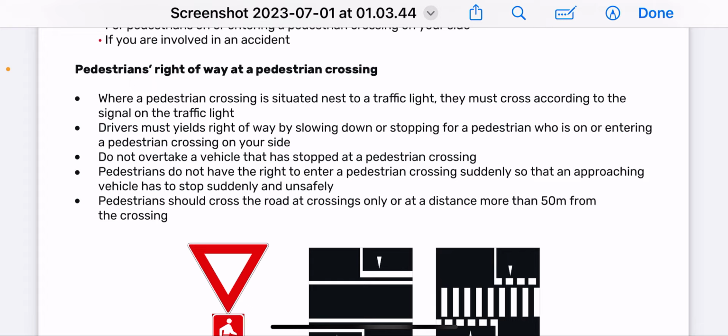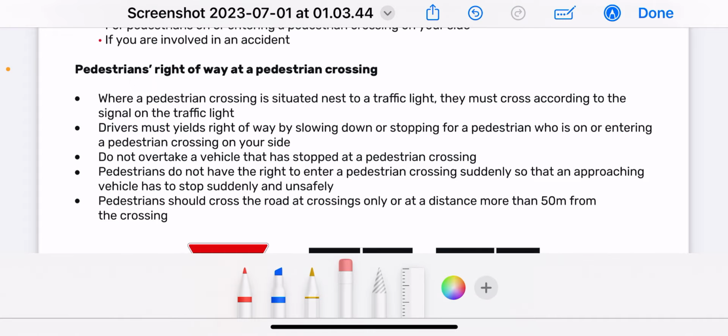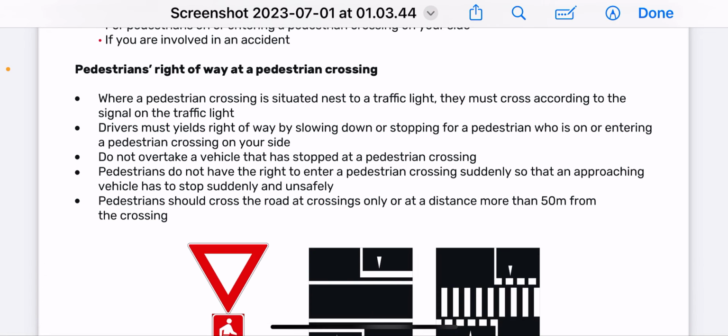So pedestrians, they don't just enter the pedestrian crossing. No. And then pedestrians should cross the road at crossings only at a distance of more than 50 meters from the crossing. Okay? Right.